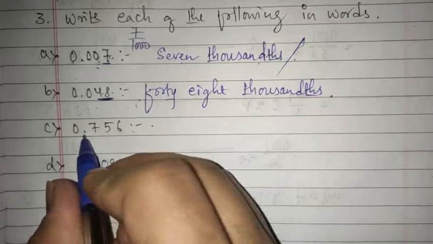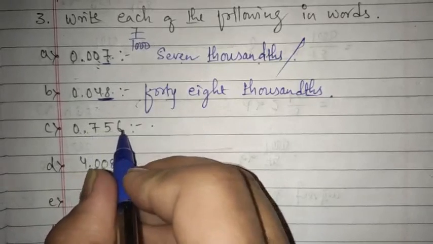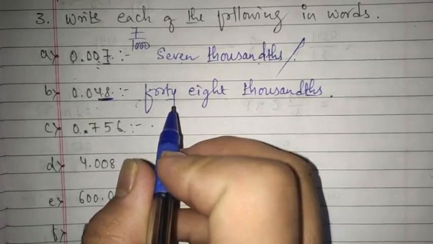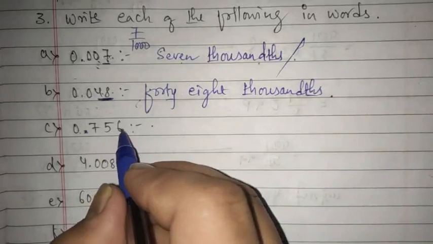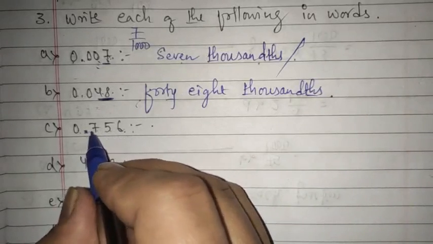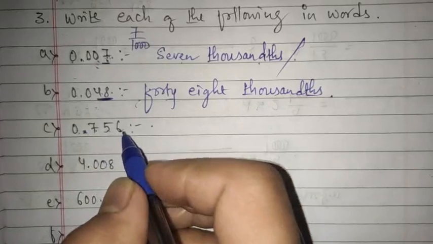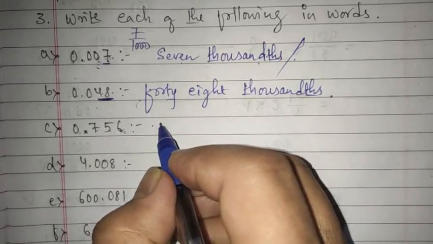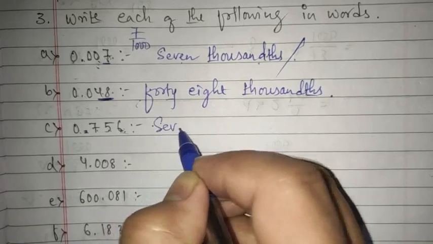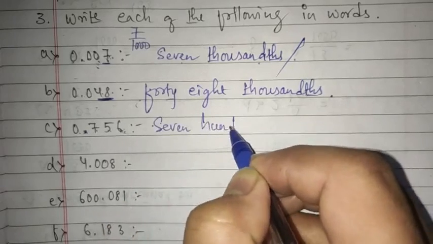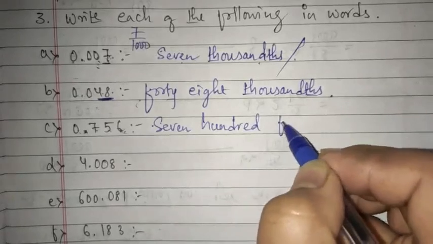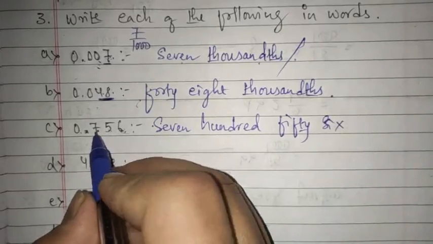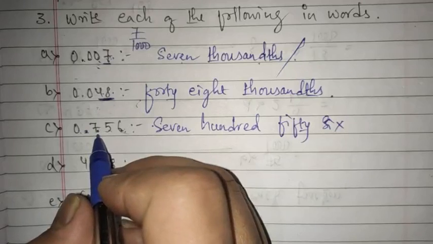Okay, so here it is 0.756, not 756. After the decimal, you cannot put hundred in between. So it is 1s, 10s, 100s, 1000s. 756 thousandths. Right? It is 756. 7 is in the 100th position, that's why I am saying 700.